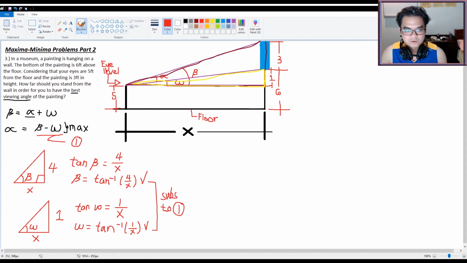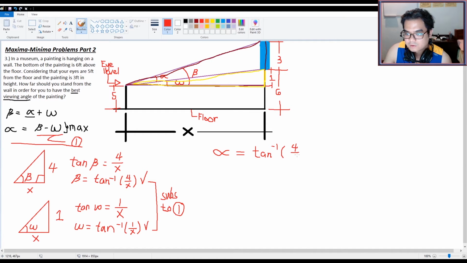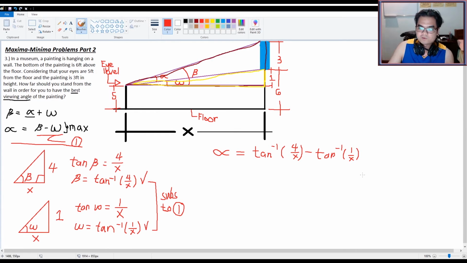So substituting that, alpha will be equal to your beta, which is arctan of 4 over x, minus arctan of 1 over x. Now again, remember that you have to maximize or minimize this.